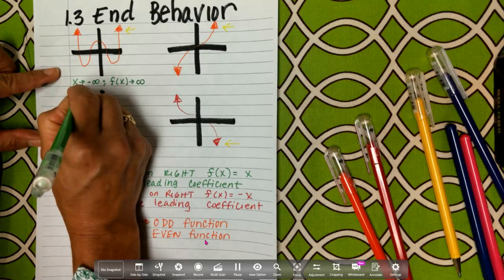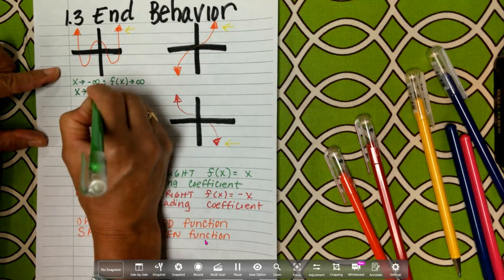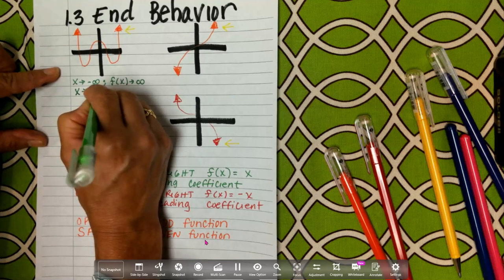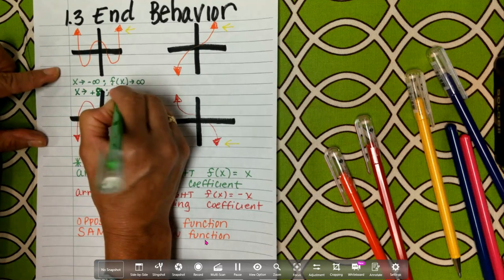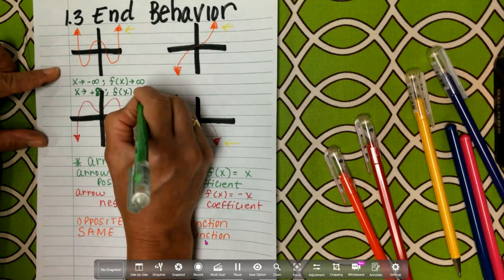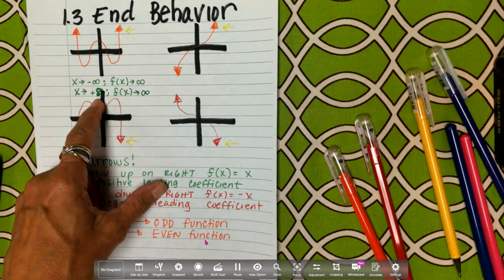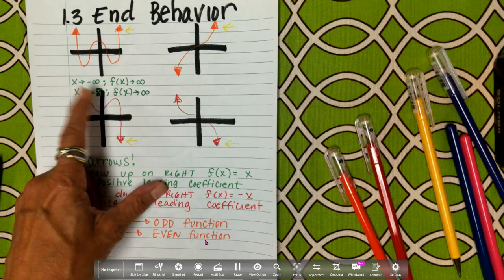As my inputs get bigger over here, so do my outputs. So this is also approaching positive infinity. And remember, that is an infinity symbol. I'm going to make that cleaner on the PDF that I'm loading.